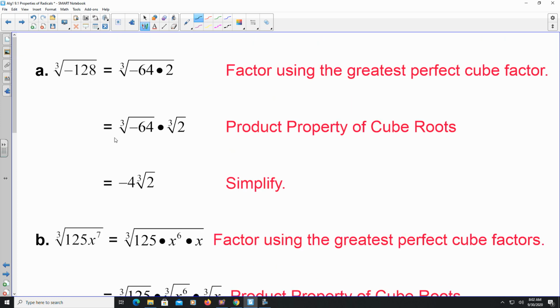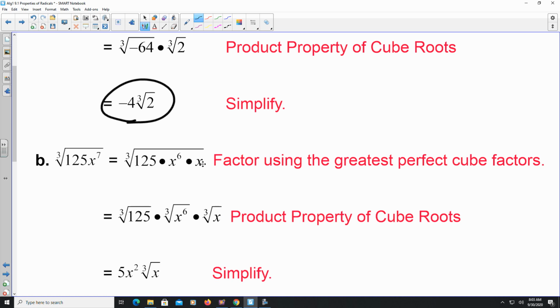In this particular one here, negative 128 is not a perfect cube value, but negative 64 is, because if you took the cube root of negative 64, you would get negative 4, and the cube root of 2 is just left as the cube root of 2, so that would be your simplified expression from there.